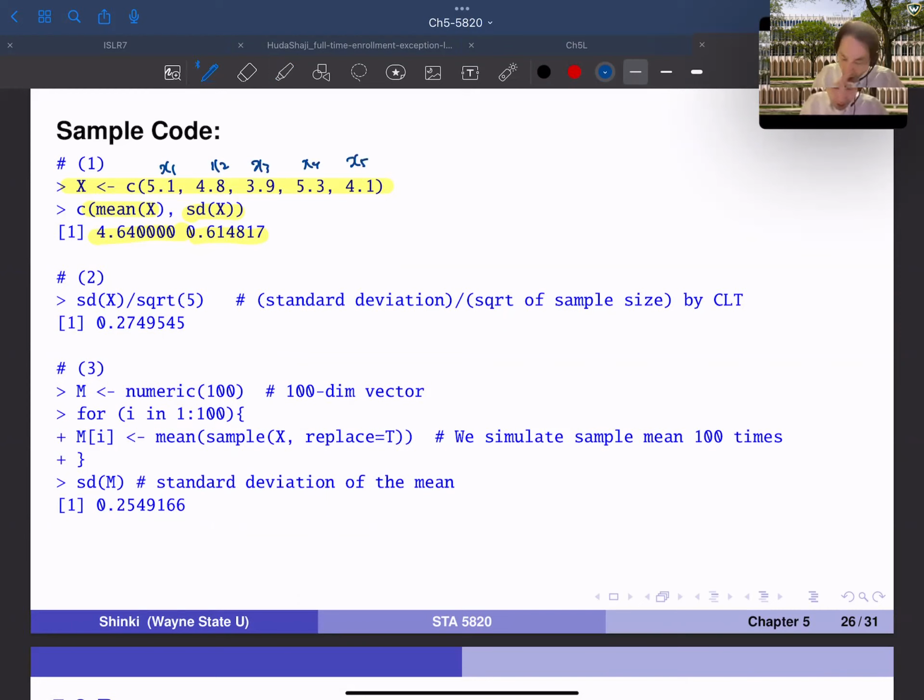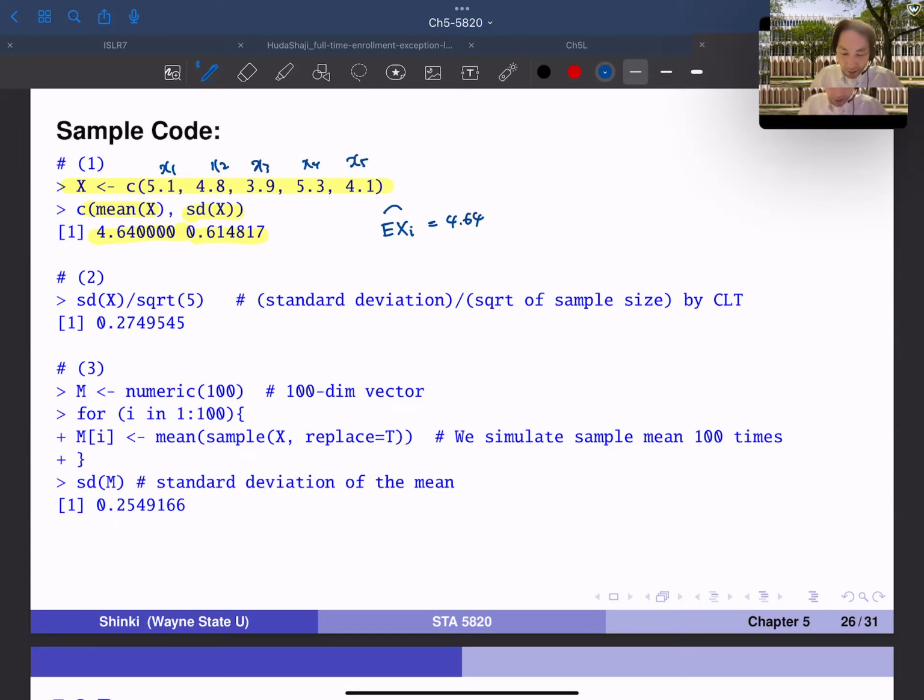Then the expected value of x is about 4.64, estimated.